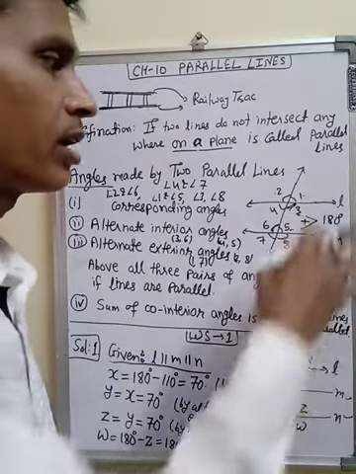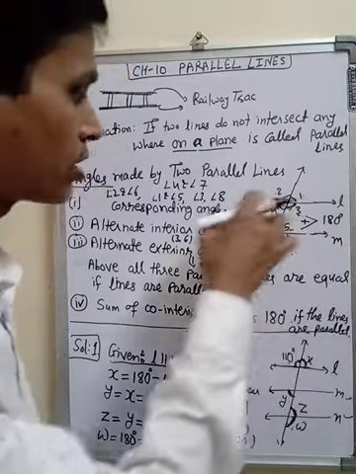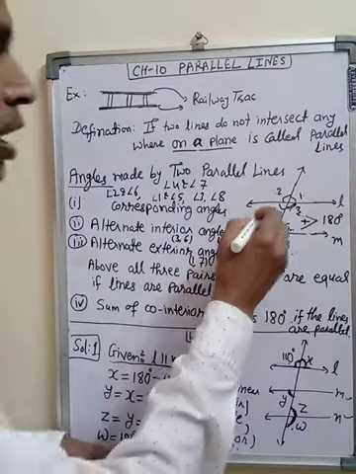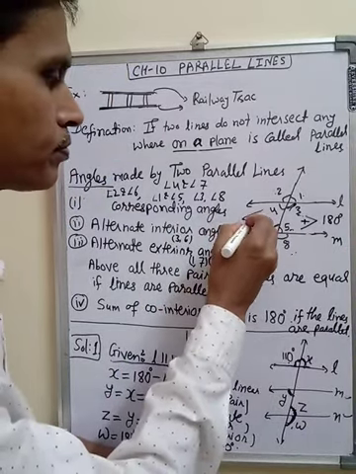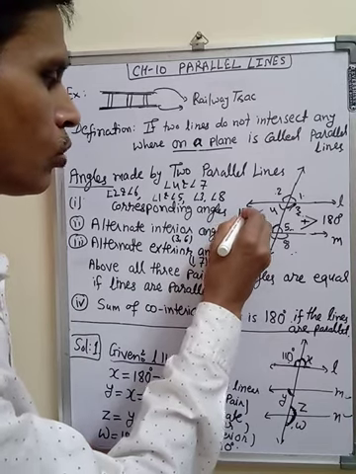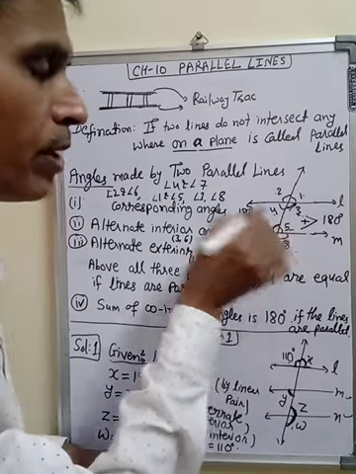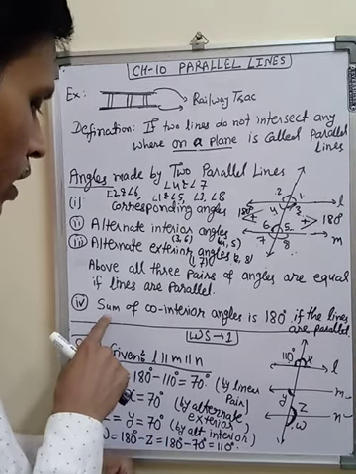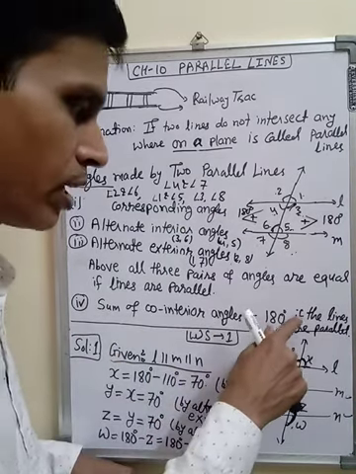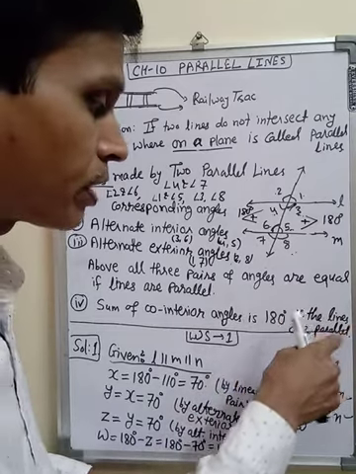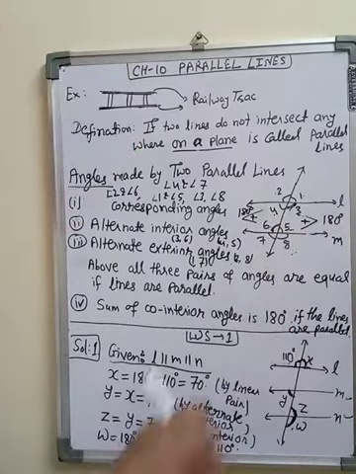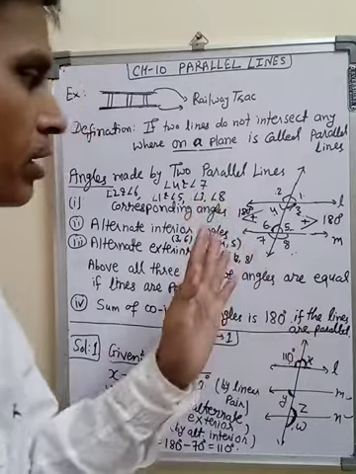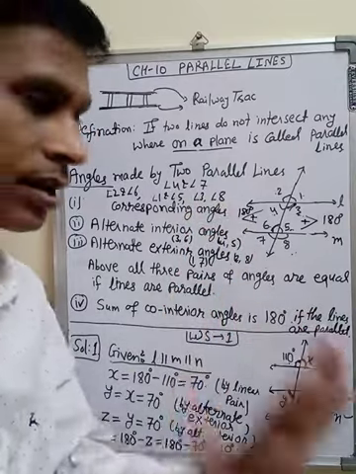Otherwise, if these lines are parallel, these pairs will be equal. And this side also 180 degrees: 4 and 6 will be 180 degrees. So this is the fourth property: the sum of co-interior angles is 180 degrees if the lines are parallel. So there are four properties we have learned regarding parallel lines.